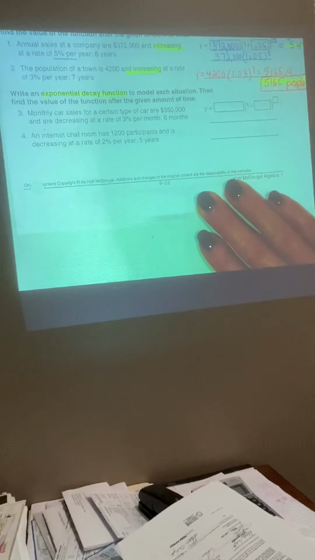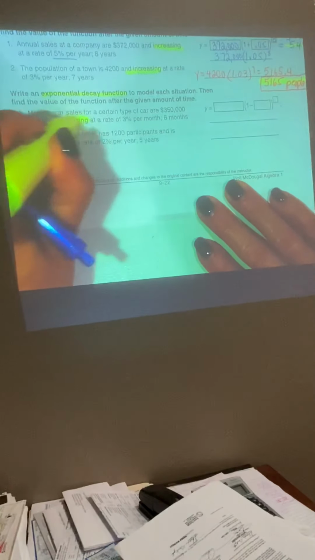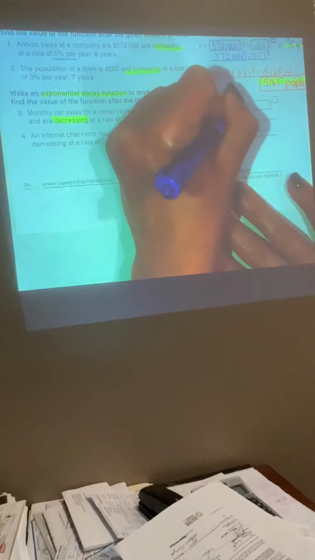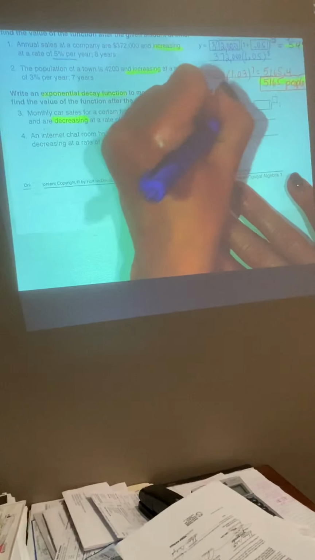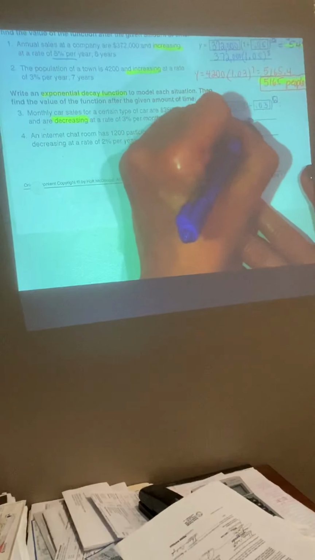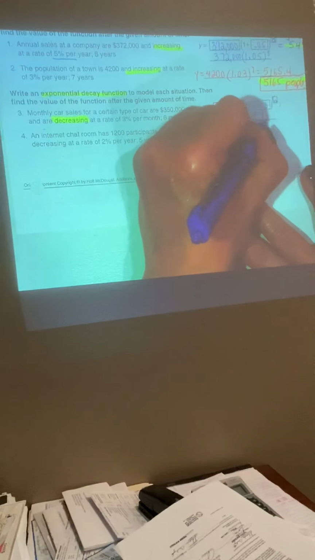Okay, monthly car sales for a certain type of car, 350,000, and are decreasing at a rate of 3% per month for 6 months. Okay, so 350,000 times 1 minus 0.03 to the 6. Okay, you can write 1 minus 0.03 or you can put 0.97.